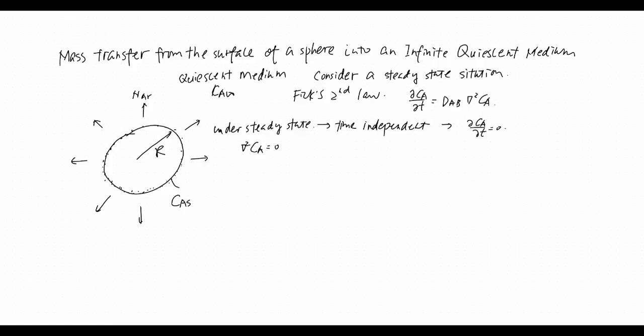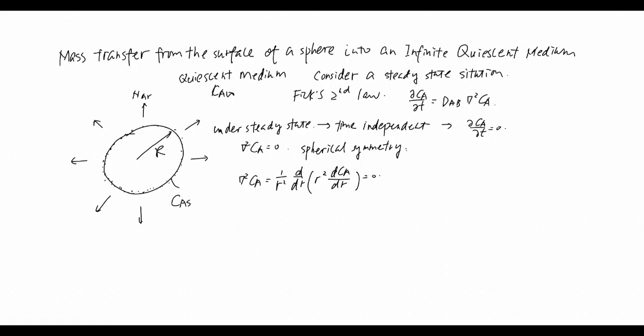In this case, it's spherical symmetry. The Laplacian gives us 1 over r squared d/dr of r squared dCA/dr equal to 0. So this is our governing equation for this problem.